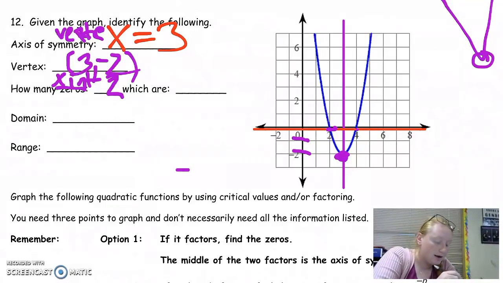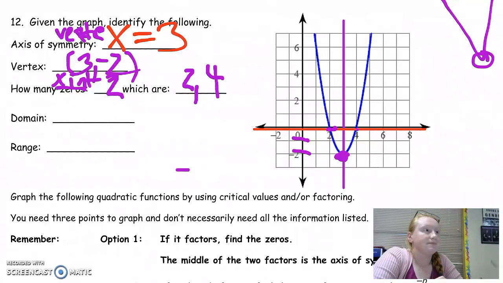Well, they're located at +2 and +4. Do I need to put parentheses there? Absolutely not. This represents 2 different separate points. I do not put parentheses there. I put parentheses on my vertex because my vertex is 1 point. It represents just that piece.